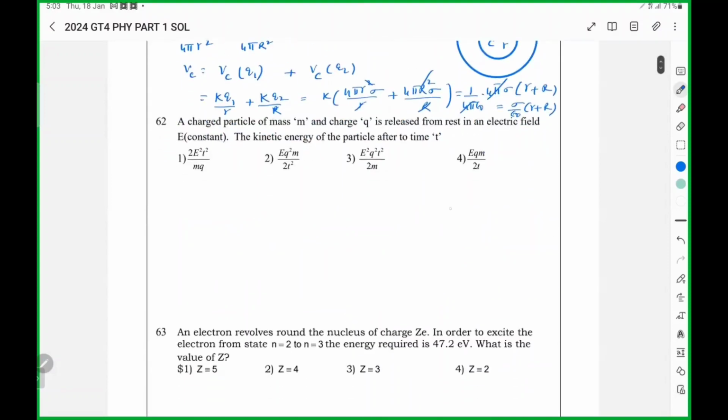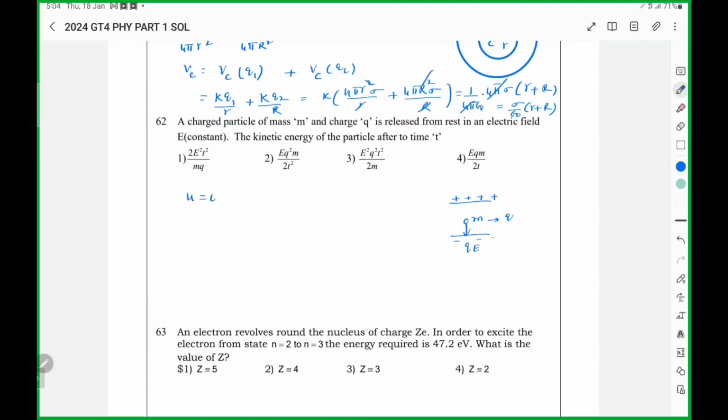Next, a charged particle of mass m having charge q is released from rest. Let us take the electric field. The force on this charge due to the electric field is qE.